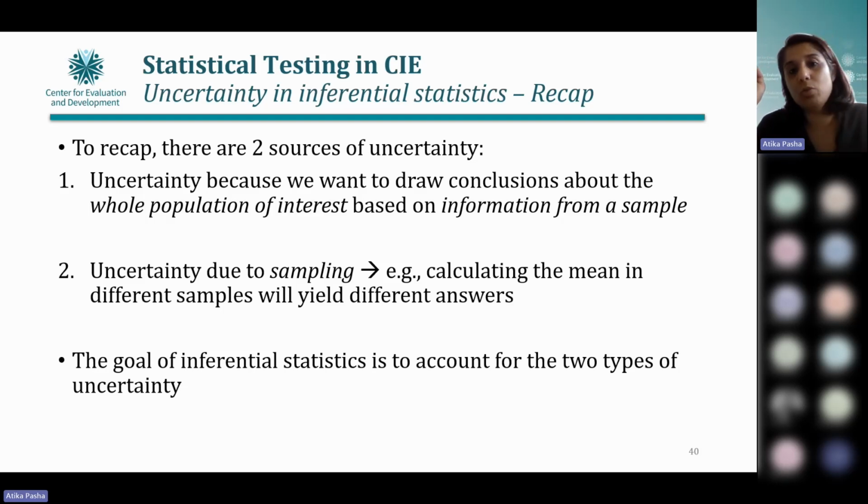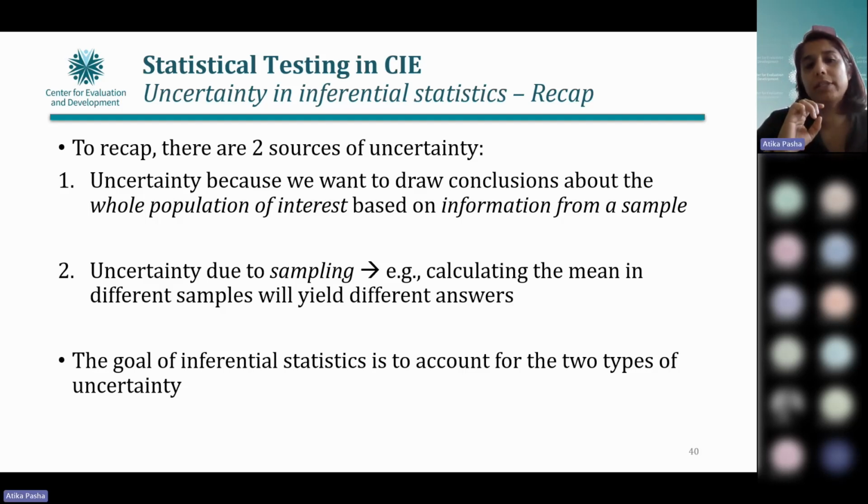And what we showed you was one example in which those who had primary education had higher income compared to those who had no primary education. But in the second sample, also randomly selected, the mean income was lower for those who had completed primary education than for those who had not. So again, the second error comes from the sampling error itself.